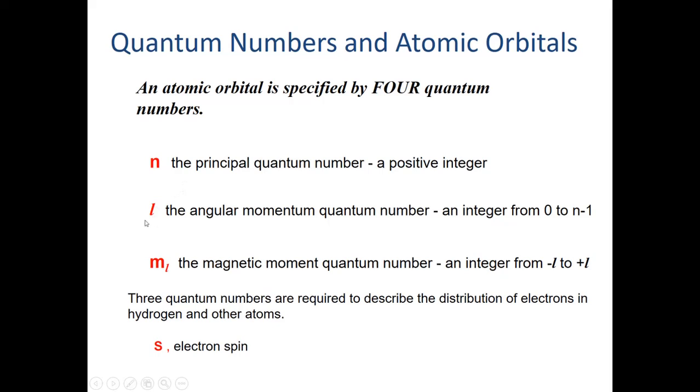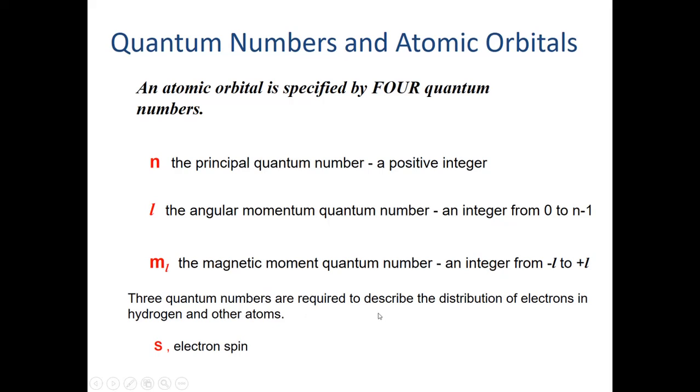And what is L? The symbol L represents the angular momentum quantum number, and the value is from 0 to n minus 1. And ML, the magnetic quantum number, is an integer from negative L to positive L.